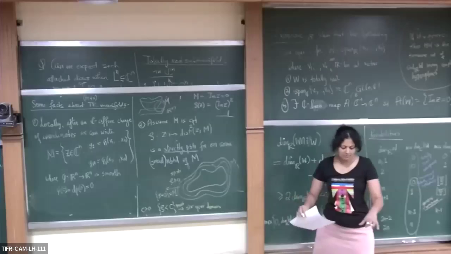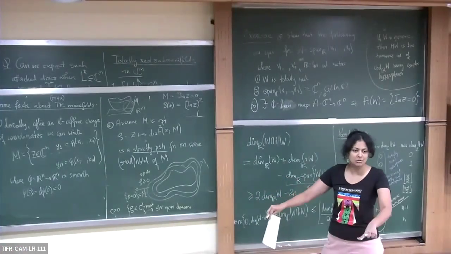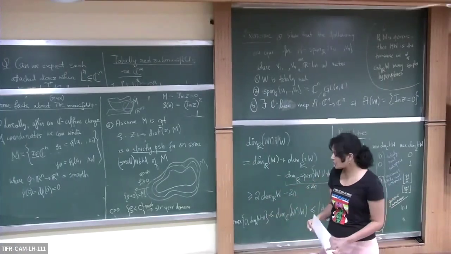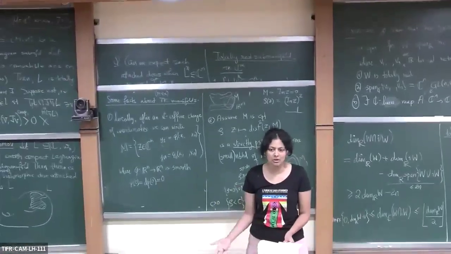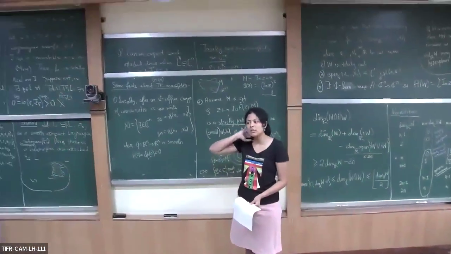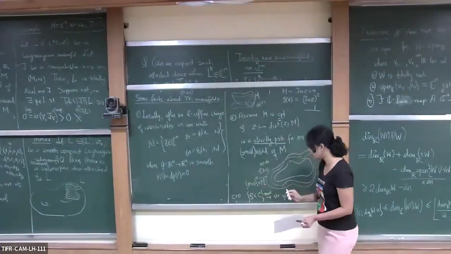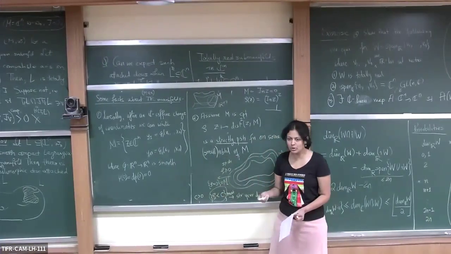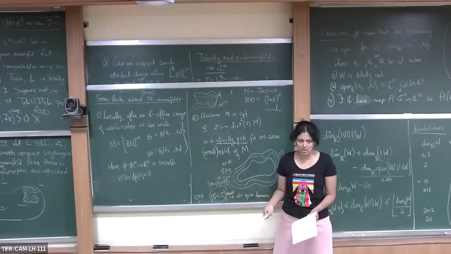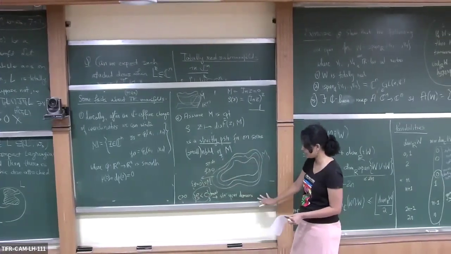So any totally real manifold always admits a neighborhood basis of strictly pseudoconvex domains. Sometimes when you want to produce strictly pseudoconvex domains of a particular topology, you can ask, can I start with a totally real manifold and look at a tubular neighborhood of that? The only thing to be careful about is that these are not genuinely tubular neighborhoods. The topology might change quite a bit, but nevertheless, this is one of the important points over here.